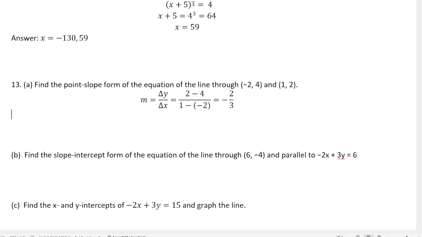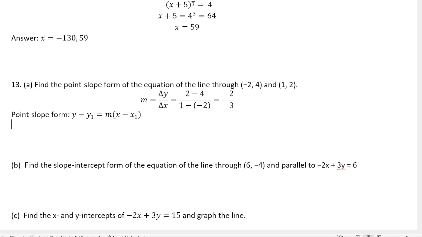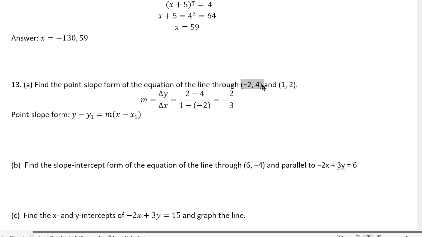So that's your slope. Then you have to know the point slope form, and point slope form is y minus y1 equals m times x minus x1, where I'm thinking of the very first point as x1 comma y1, and the second as x2 comma y2.